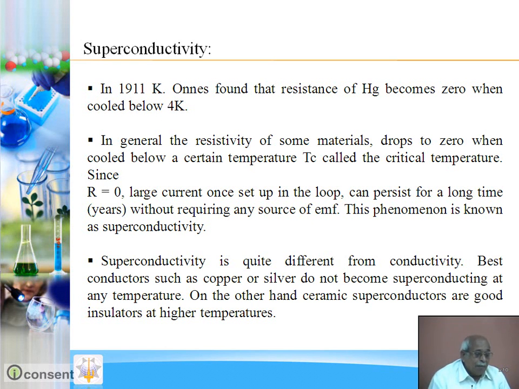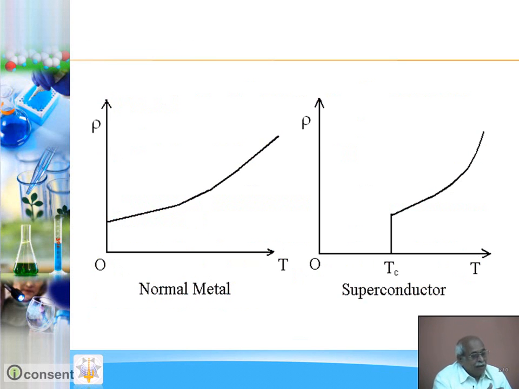On the other hand, there are many ceramic materials which become superconductor, but at ordinary temperature they are excellent insulators. अनेक ceramic material आहेत ते नेहमीच्या टेम्परेचरला इन्सुलेटर आहेत, पण विशिष्ट टेम्परेचरला गार केल्यानंतर मात्र त्याचा रेझिस्टन्स 0 होतो, सुपरकंडक्टर. याच्यावरून लक्षात येईल की कंडक्टिव्हिटी आणि सुपर कंडक्टिव्हिटी त्या दोन्ही अगदी वेगळ्या गोष्टी आहेत.